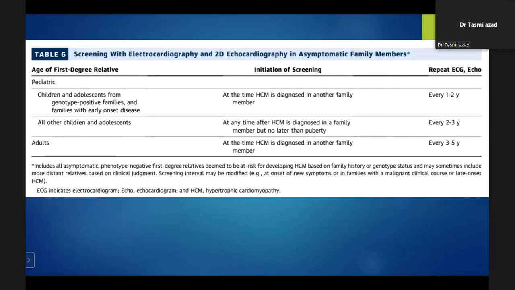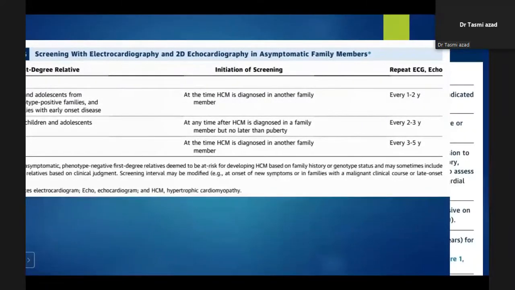We categorize the family members into three types by age: pediatric, children and adolescents, and adults. Follow-up is every 1 to 2 years, 2 to 3 years, and 3 to 5 years. In the case of adults, it is every 3 to 5 years. For children and adolescents from a genotype-positive family, we follow them with 2D echo and ECG every 1 to 2 years.